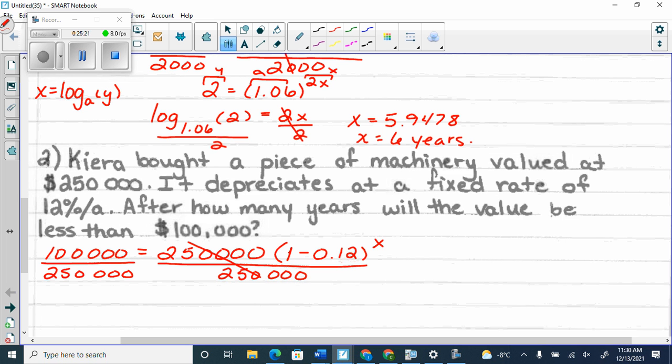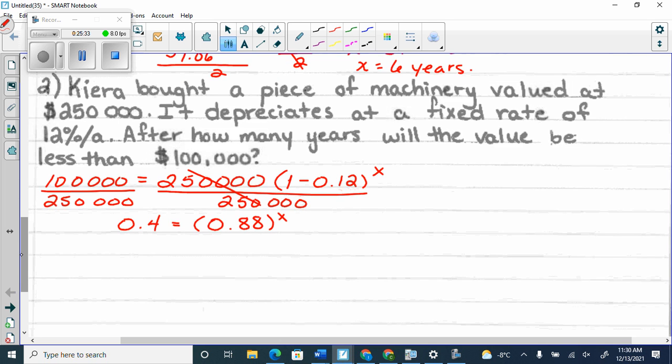So I do 100,000 divided by 250,000, and I get 0.4 equals 0.88 to the x. Then I can y1, y2, or I can convert it to a log, which would be log base 0.88 of 0.4 equals x, and then I just type it in. I don't have to worry about windows even.